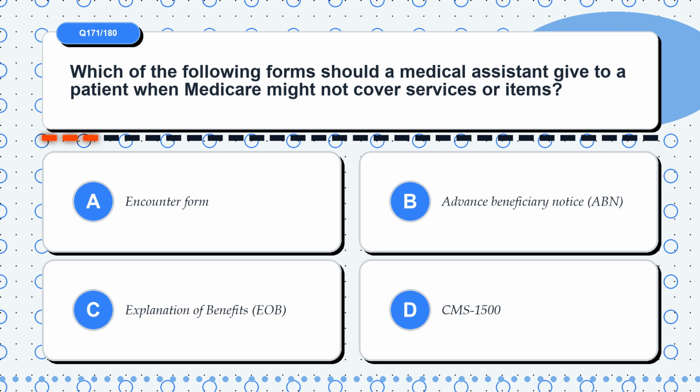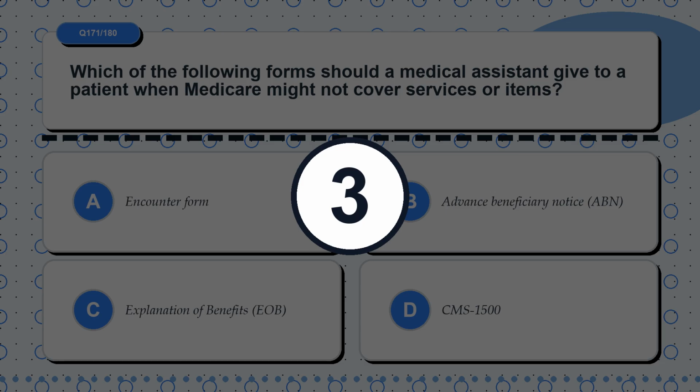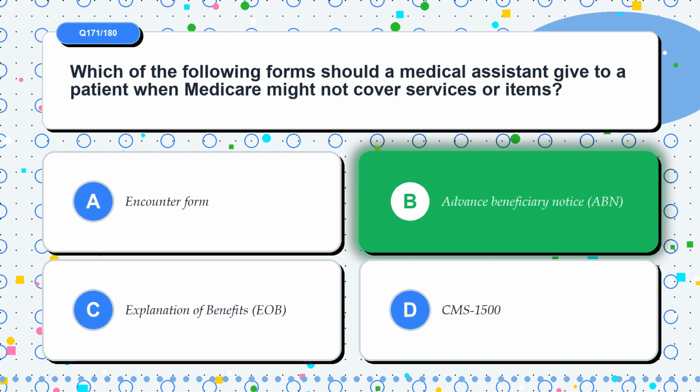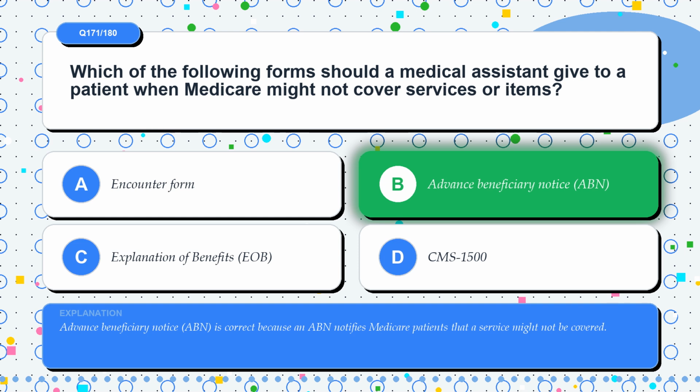Option D, CMS 1500. The correct answer is option B. Advance beneficiary notice ABN is correct because an ABN notifies Medicare patients that a service might not be covered.